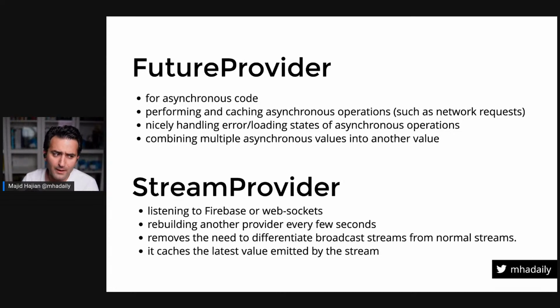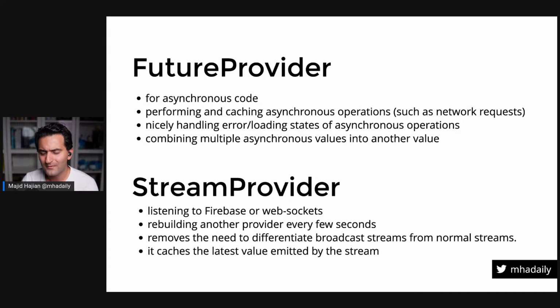The one thing about the stream provider which I really like is that a lot of times if you need to define your stream, sometimes you need to think about what is the difference between a broadcast stream or a normal stream, stuff like that. These are the things that Riverpod's stream provider will kind of remove from you. You don't need to think about it.